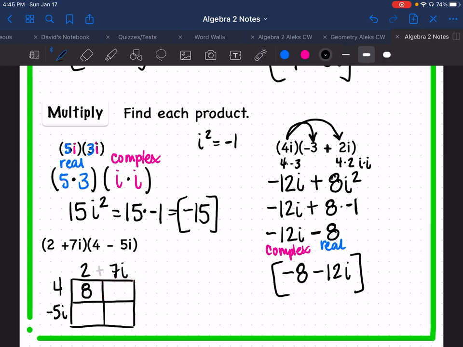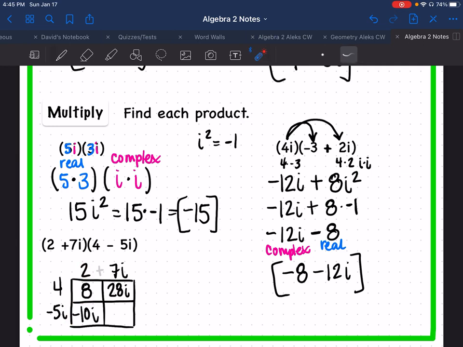Well, 4 times 7 is 28, and the i would just tag along. -5i times, remember, we know how rectangles work. If this is 2, this is 2. So -5i times 2 would give me -10i.